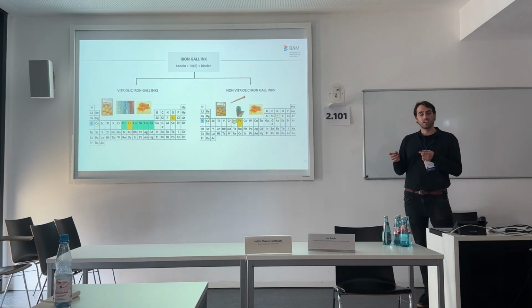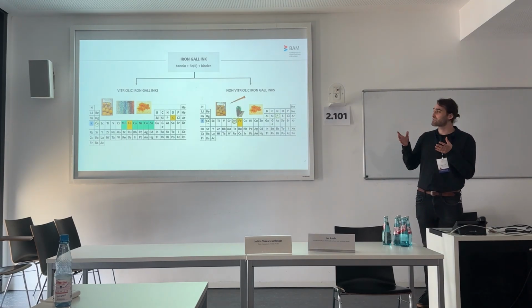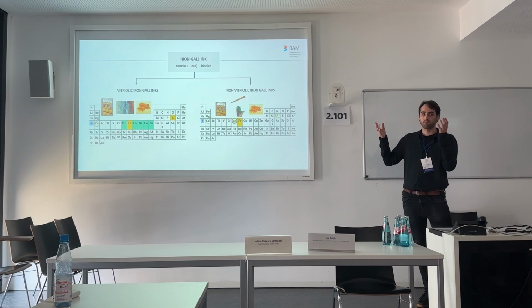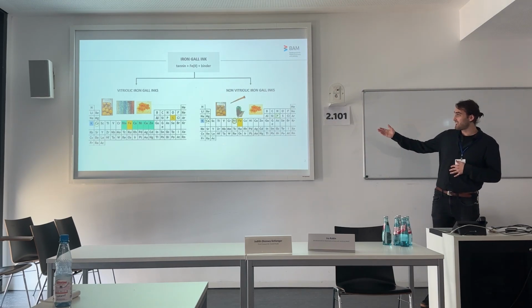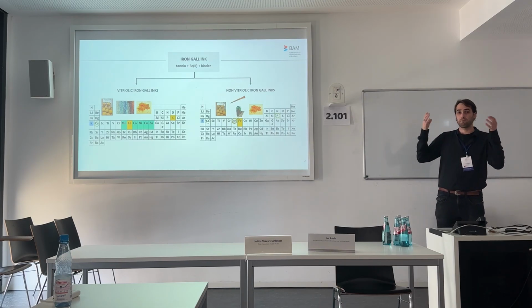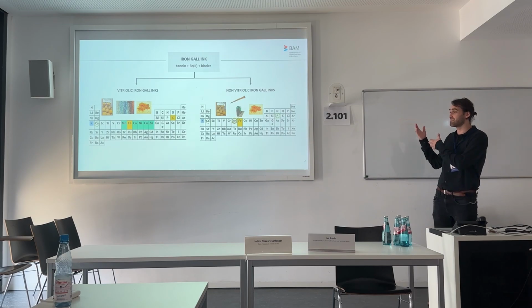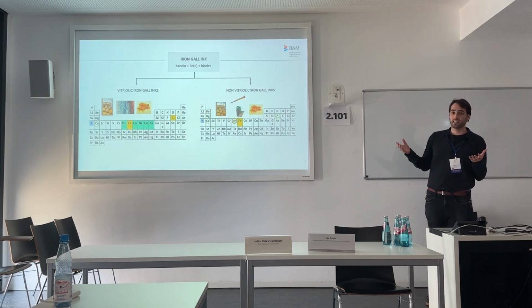In vitriolic inks, as Professor Rabin already mentioned, we also always have sulfur, which comes from the sulfates, potassium, sometimes calcium. On the other side, we see that the non-vitriolic inks contain basically just iron, sometimes some manganese as an impurity from other minerals, or from metallic iron.